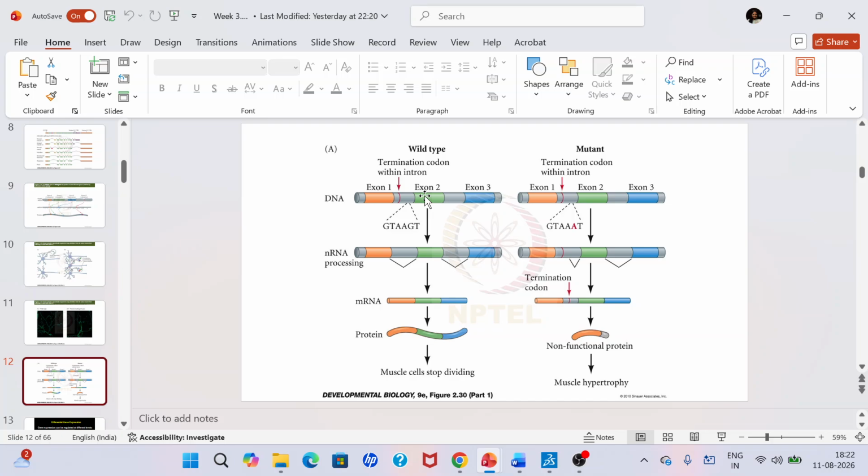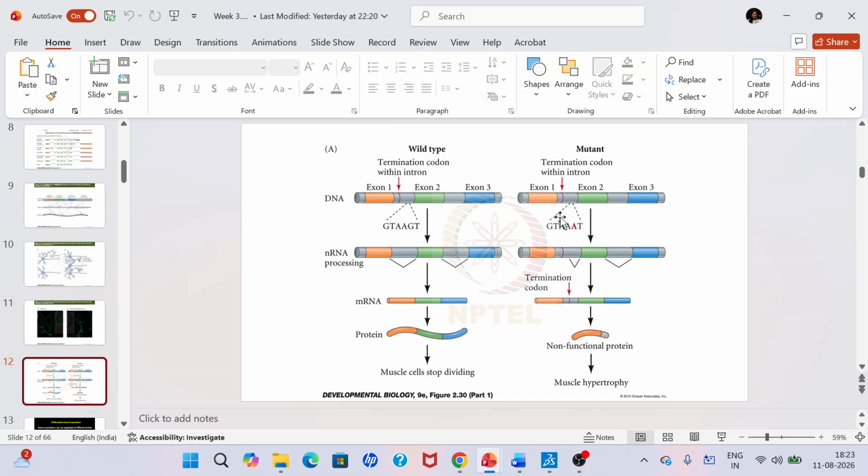So in wild type, the termination codon is present in the intron, and in the mature mRNA the introns are spliced out, so there are only exons present. That can lead to a wild type protein, a functional protein. But if there is some kind of mutation in which the introns are also included in the mature mRNA, so if you can see here, the termination codon is present in the intron.